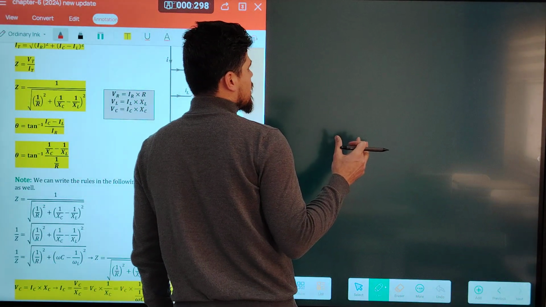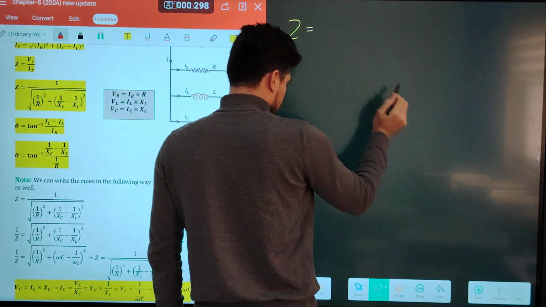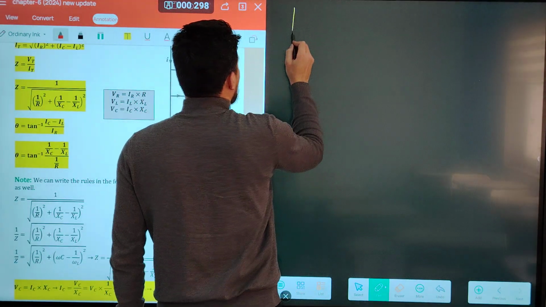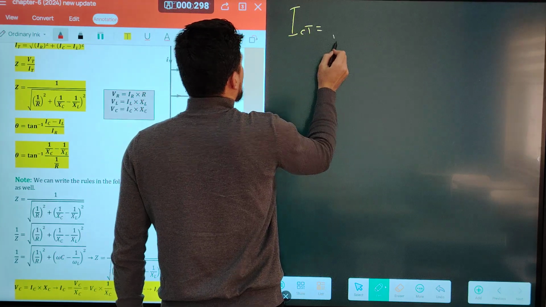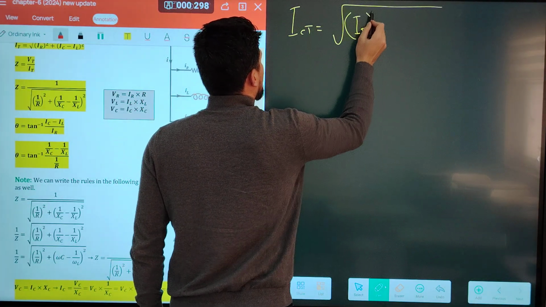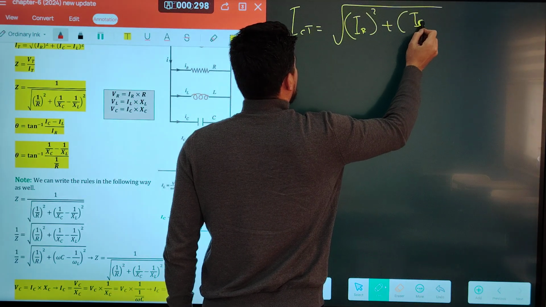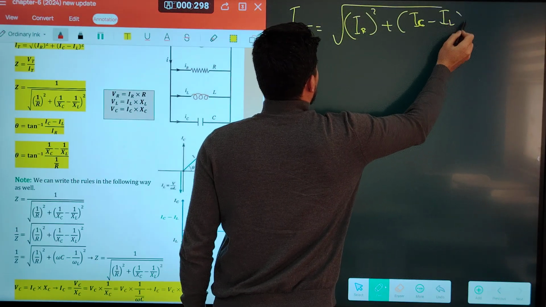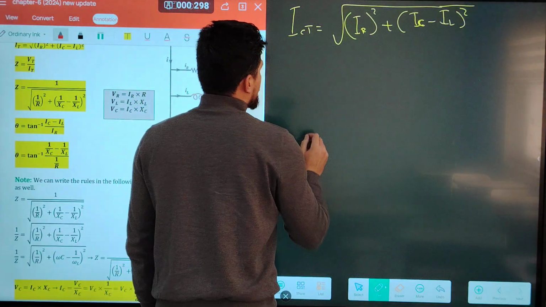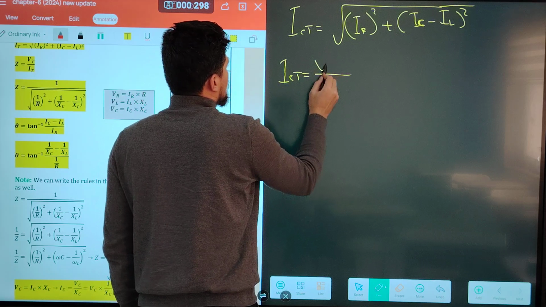The total impedance in the parallel connection, guys, look. Z is equal to what? Started from this equation. I total is equal to what? The square root of IR squared plus (IC minus IL) squared. Okay? And guys, I total is equal to what?